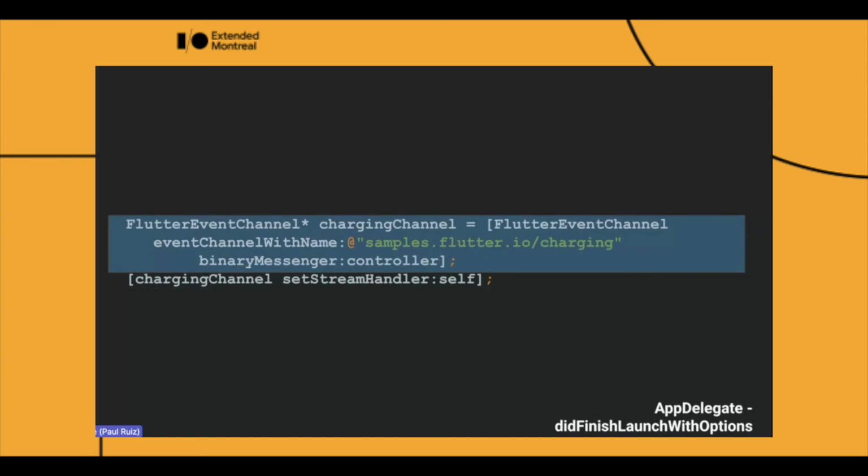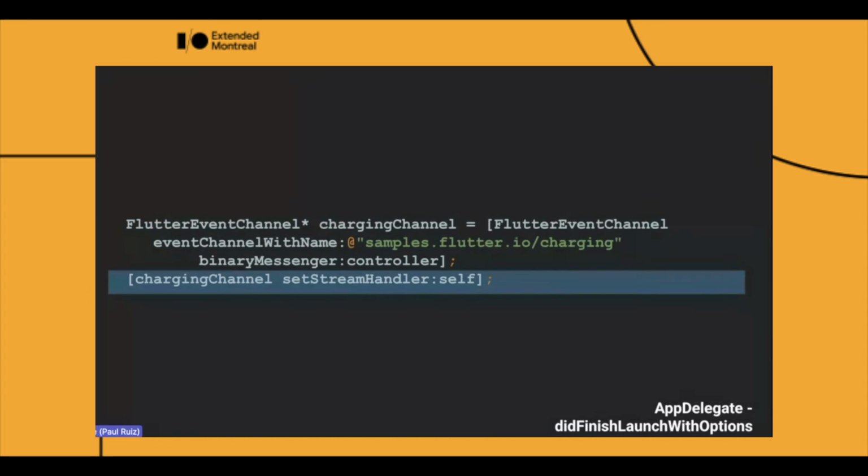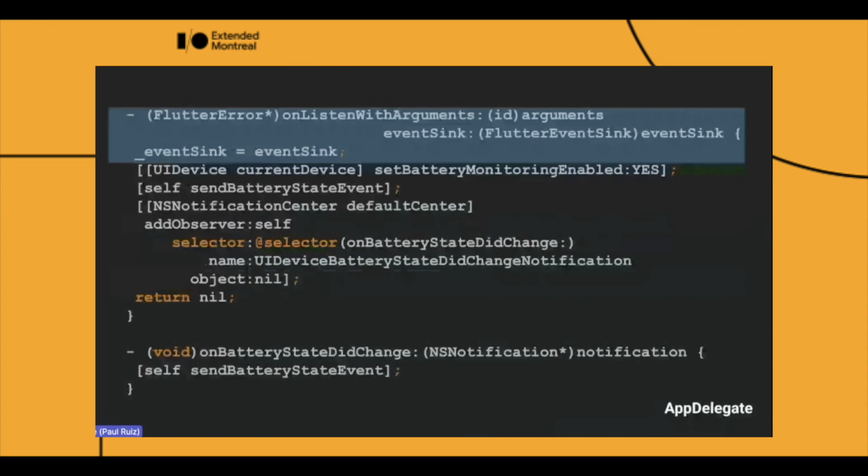So we'll first create the new event channel with a name that's going to match the channel on the Flutter side of the app. And then we'll associate a new stream handler with it. After that, we're going to need to make sure that we implement the onListen with arguments method so we can actually save our Flutter event sink.